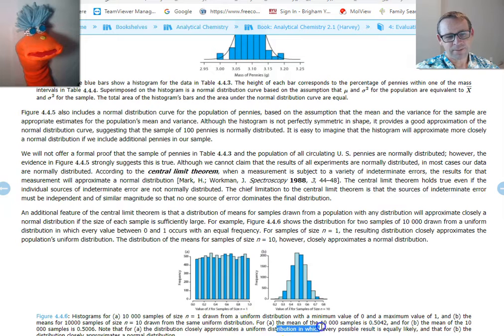For A, the mean of the 10 samples is 0.5042, and for B, the mean is 0.5006. For A, the distribution closely approximates a uniform distribution in which every possible result is equally likely, so it seems here that there's no normal distribution, and for B, the distribution closely approximates a normal distribution. So these were taken basically from the same set.